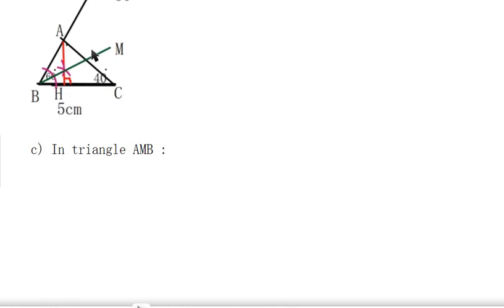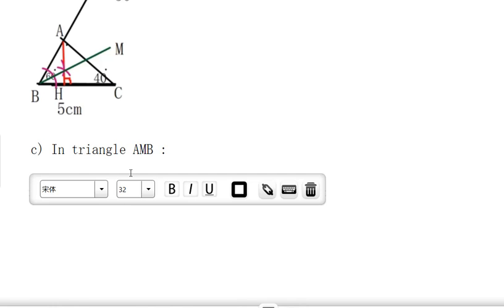Here we have an angular bisector which cuts the angle into 2 equal parts. So this one will be 30 and this one will be 30. So let's write. Here we are going to say that angle BAM is equal to how much? 80 degrees. It's given.